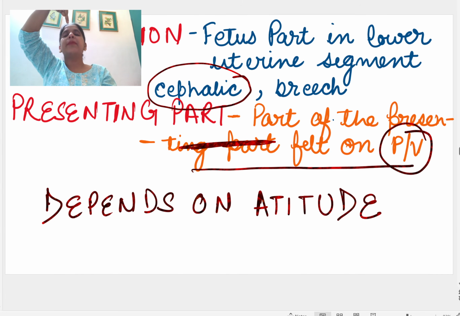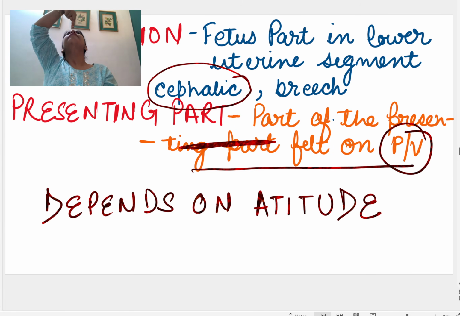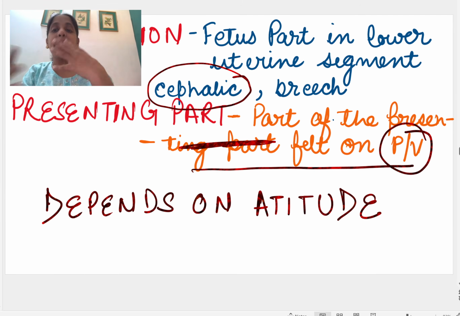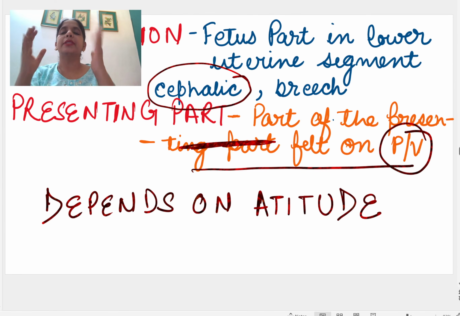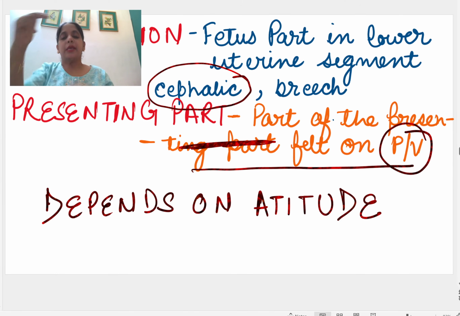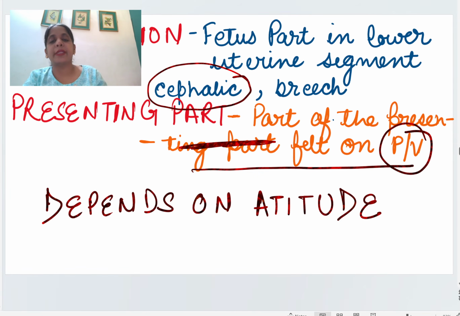If my neck is extended, the PV fingers are not moving, and one will feel the face. So the presenting part depends on the attitude, whether the fetal neck is flexed, deflexed or extended.